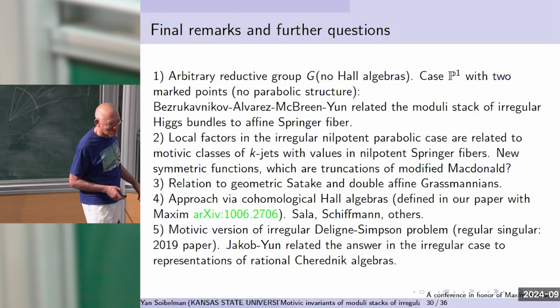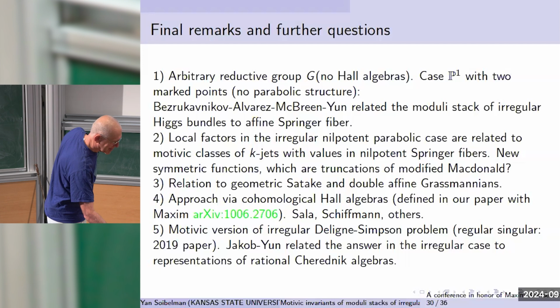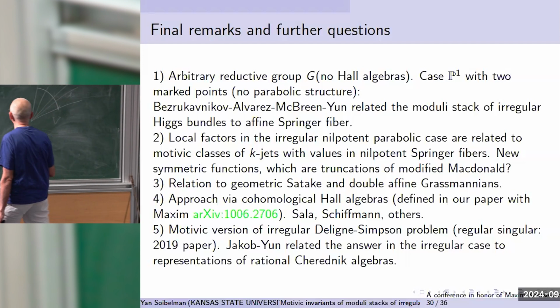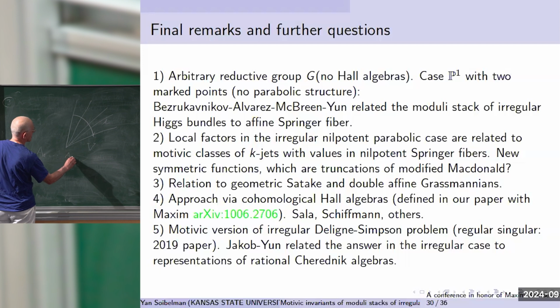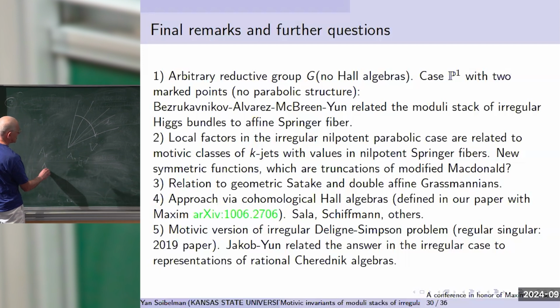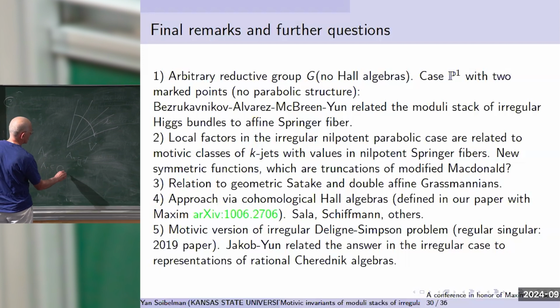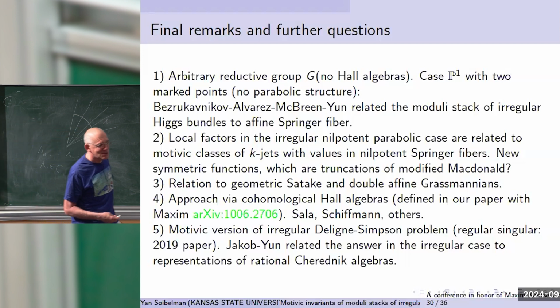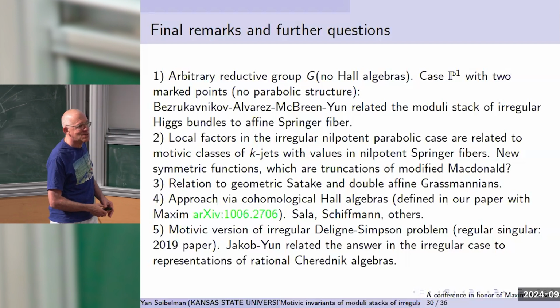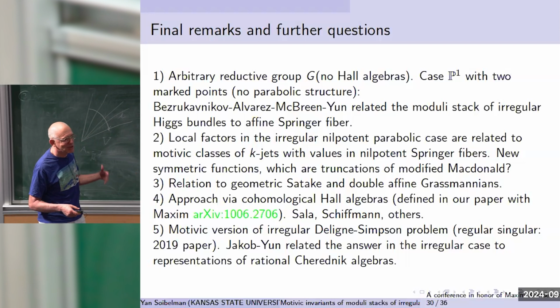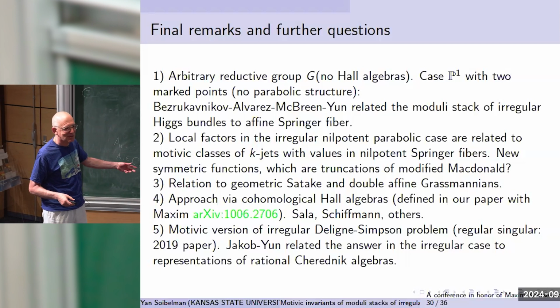Let me mention a similar one, because 1 and 5, they are somehow related. You know, my son Alex, he wrote his thesis on the Deligne-Simpson problem, like find matrices in given conjugacy classes with a product equal to 1, which is the same as find a regular singular connection with residues which are in this way.